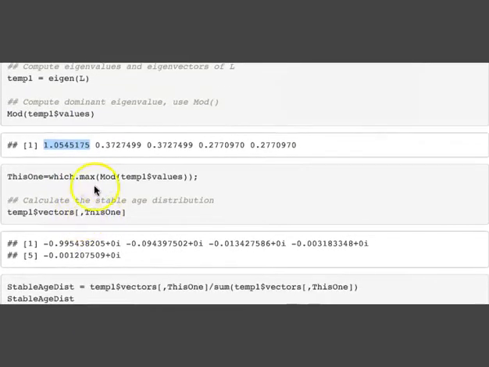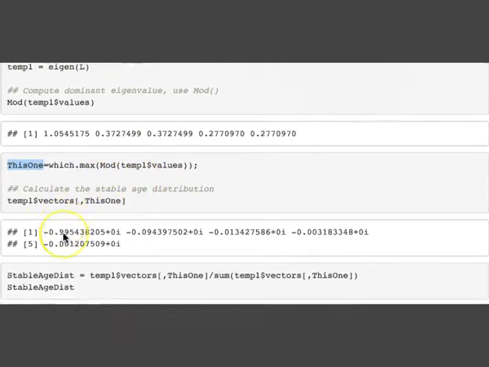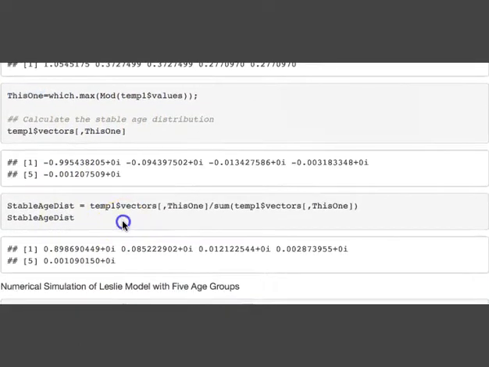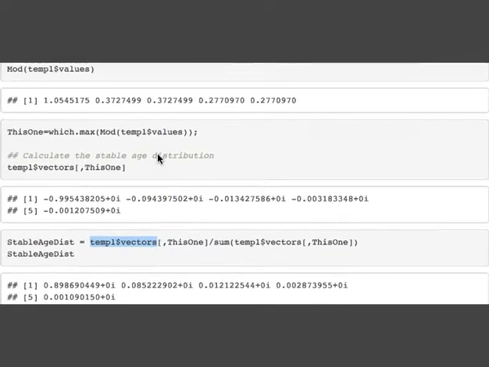You have to do this here to identify exactly the entry or indices, but you are interested in the eigenvector corresponding to the eigenvalue with largest modulus, which in this numerical example happens to be the first eigenvalue, whose modulus is a little bigger than 1.